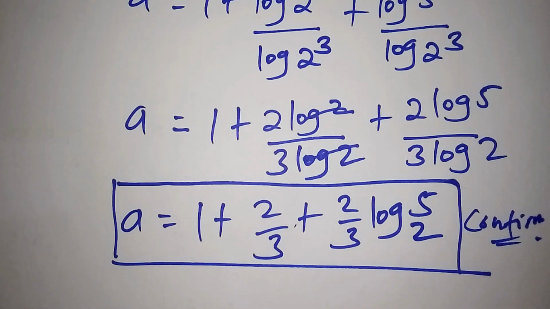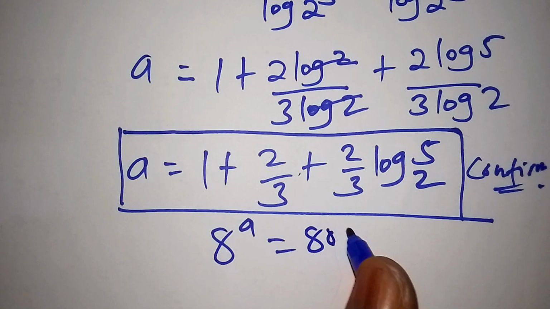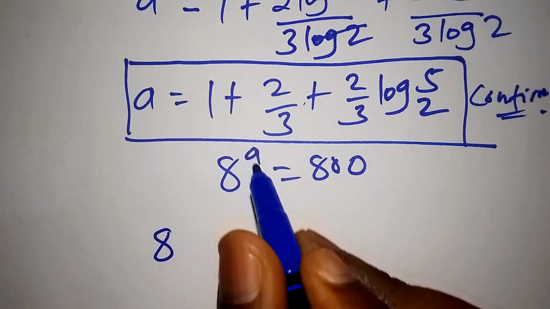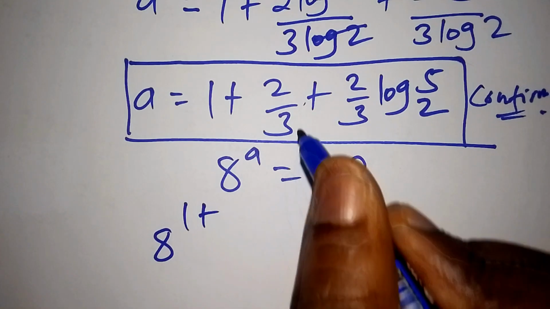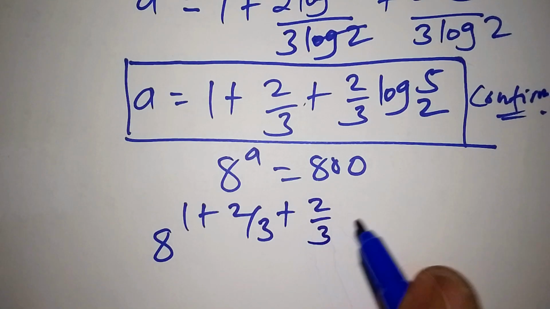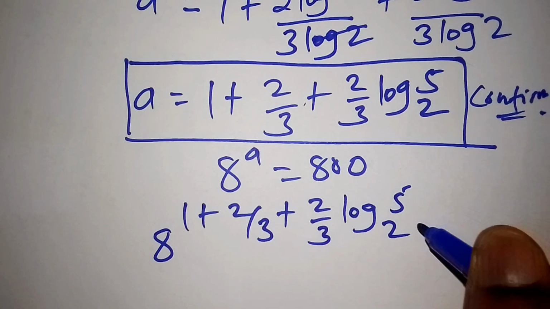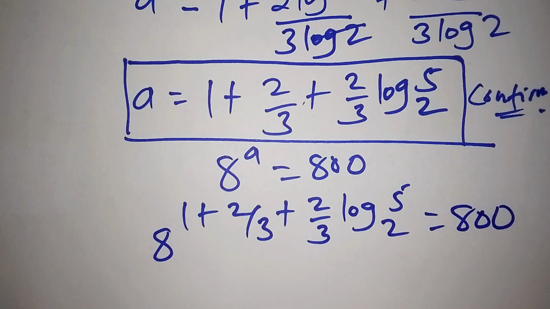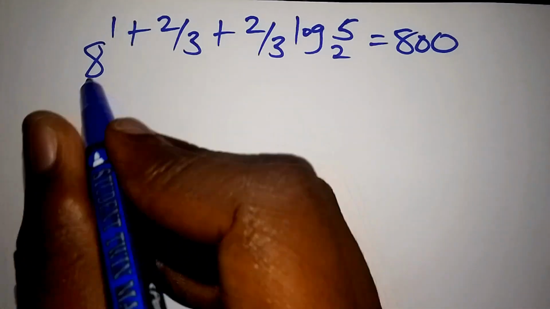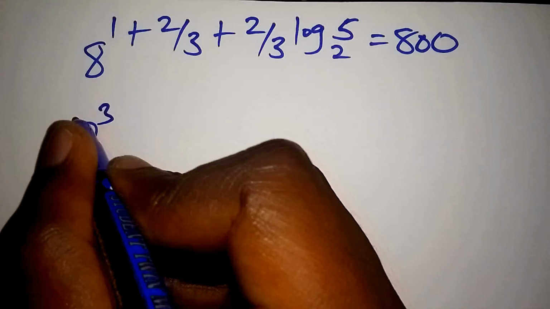Initially our question was 8 to the power of a equals 800. So here we pick 8 to the power of 1 plus 2 over 3 plus 2 over 3 log of 5 to the base of 2, equals 800. Let's check if it gives that. We can write 8 as 2 to the power of 3, to the power of 1.